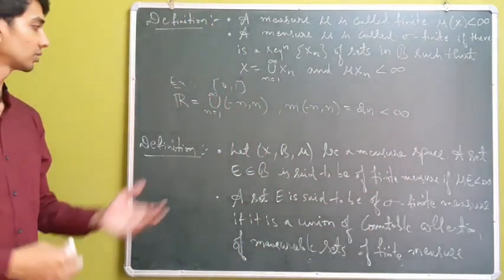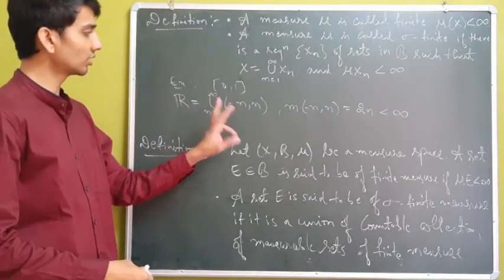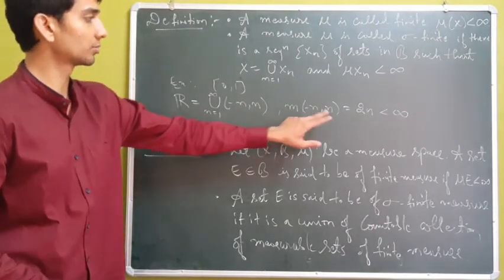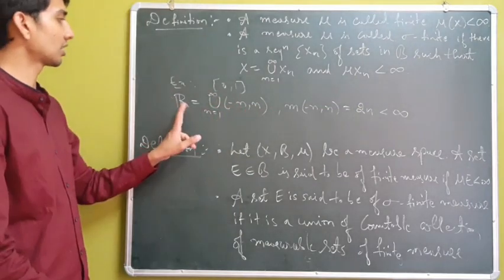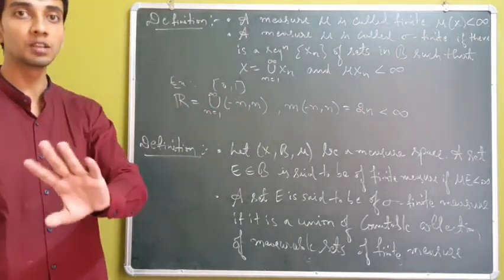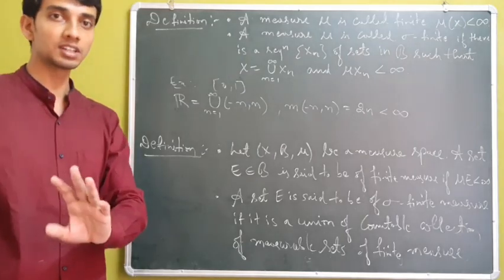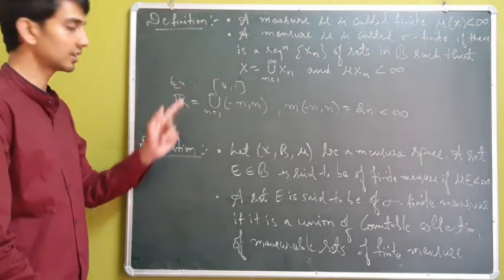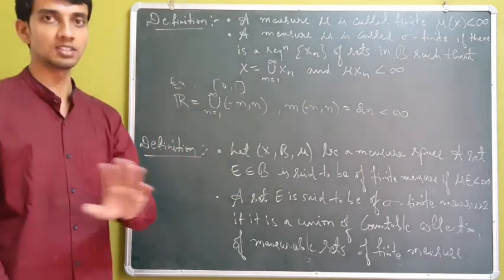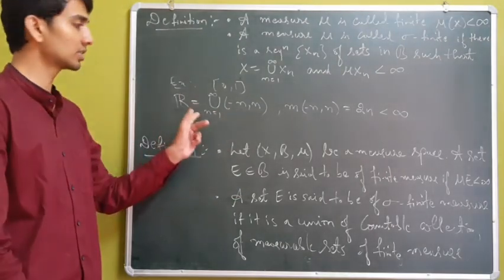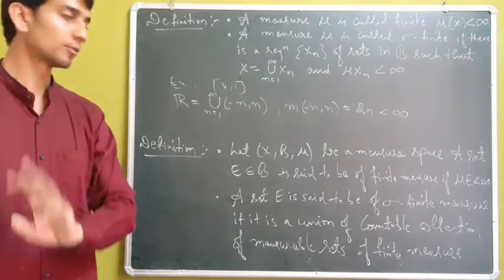So I am able to express R as the countable union of sets whose measure is finite, so the Lebesgue measure on R is sigma finite. But remember that the Lebesgue measure on R is not finite. It is just sigma finite, but not finite.